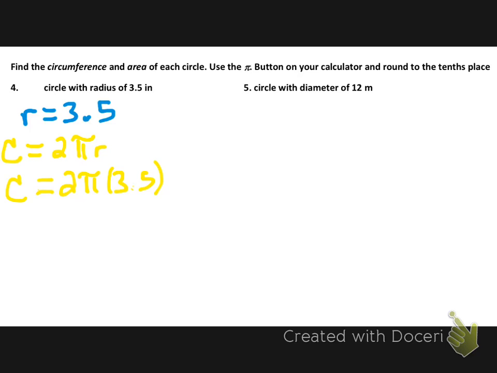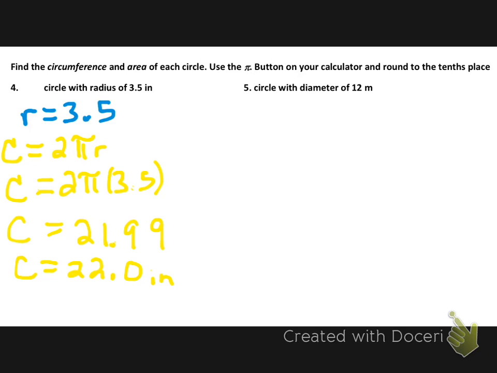When we take this, we're going to end up with 21.99. And remember, when we're rounding to the tenths, that's the one place after the decimal. So that makes this 9 go up, which is going to actually make this 22.0. And that is inches.